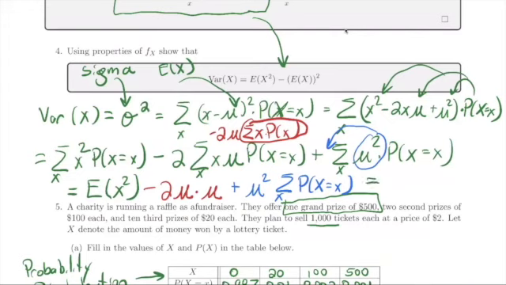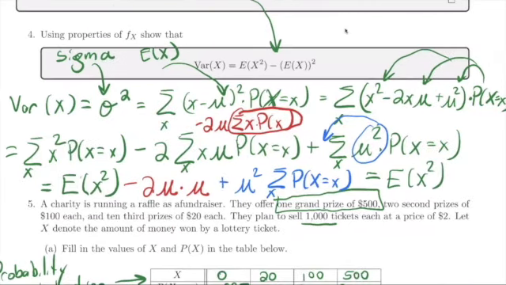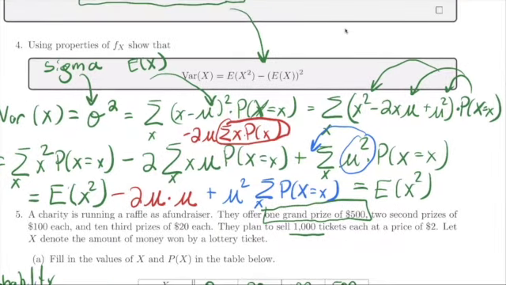So this means we have an expected value of x squared. From the red stuff, we get minus 2 mu squared. And then from the blue stuff, we get 1 times mu squared. So in other words, we get a plus mu squared.